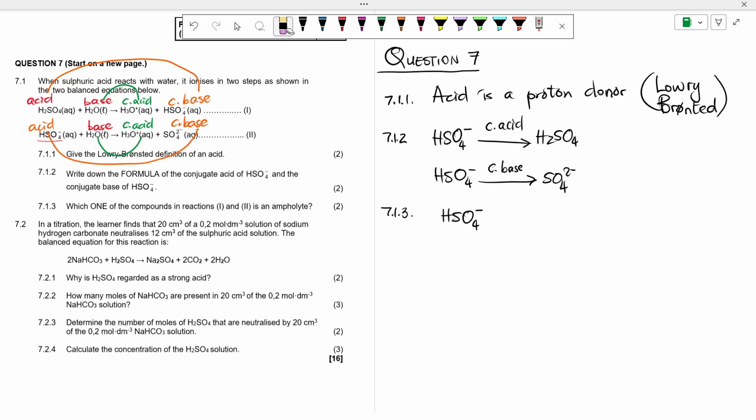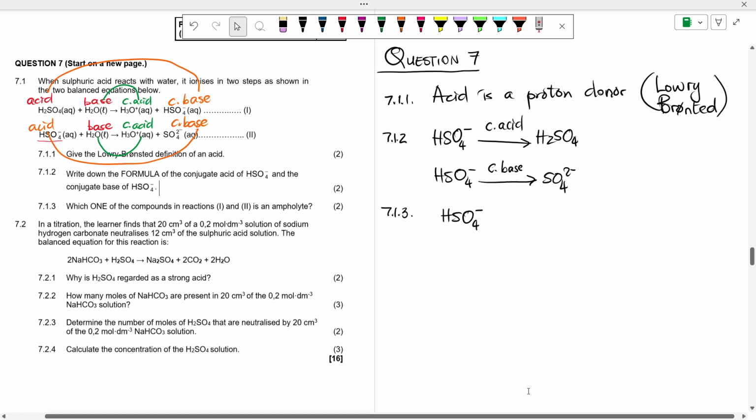All right. Then 7.2. In a titration, Elena finds that 20 cubic centimeter of a 0.2 mole per decimeter solution of sodium hydrogen carbonate. So I'm just going to write those given data down. Volume is 20 cubic centimeter. I need to divide by 1,000 to get decimeter cubed.